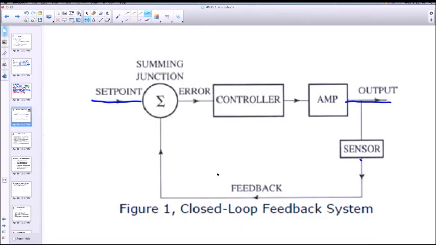Basically, that's the decision point. Then the arrow goes to the controller. Usually, if we use a differential equation by Newton's law, it is the inertia times the second derivative equals the negative of this error times some constant. That's a typical controller, and we call it a negative feedback system.